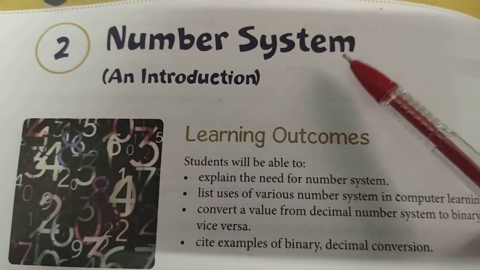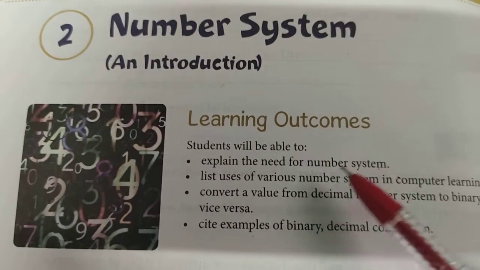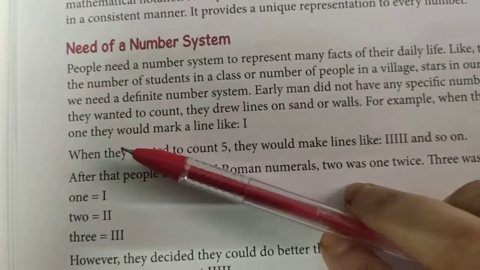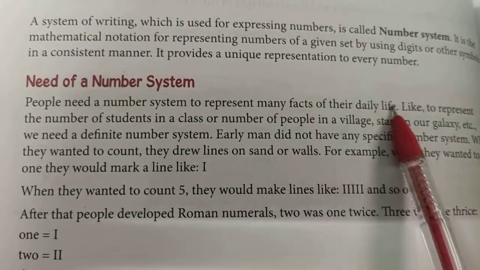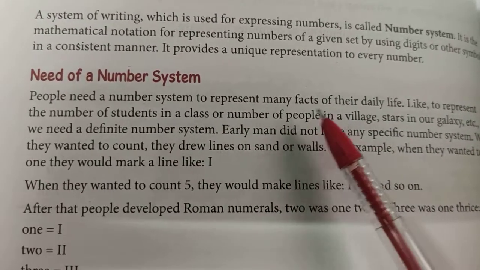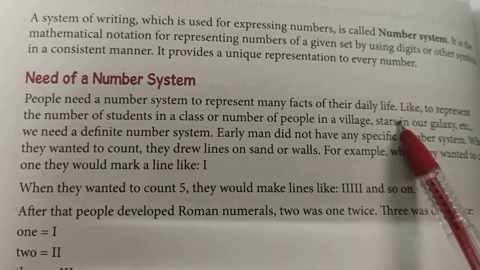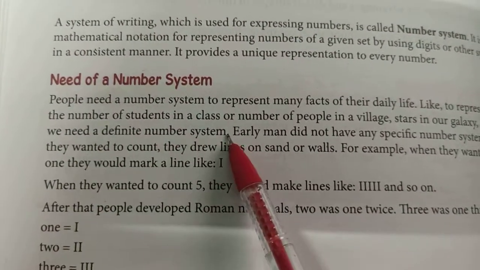First we will understand the need of number system. People nowadays use number system in their daily life, like to calculate or count the number of people in a village or stars in a galaxy, so we need a definite number system.